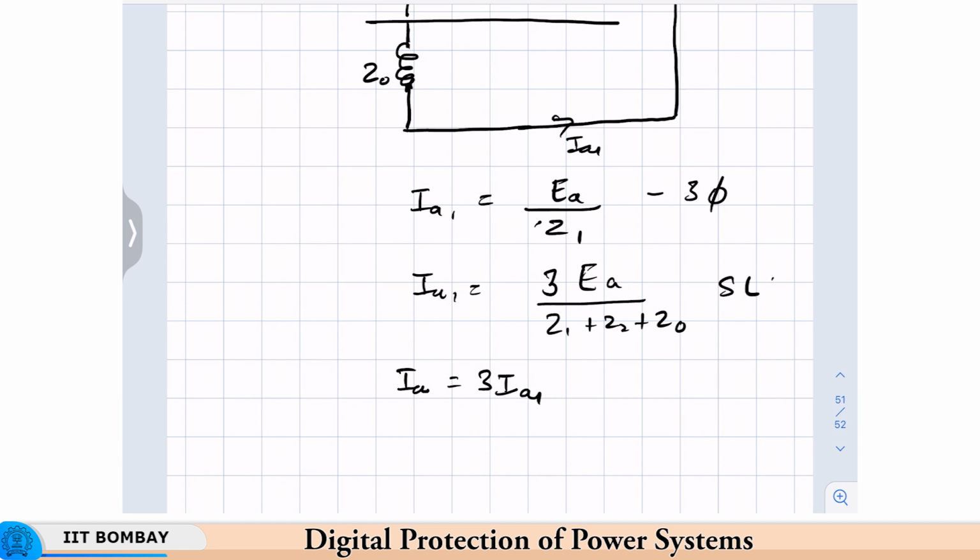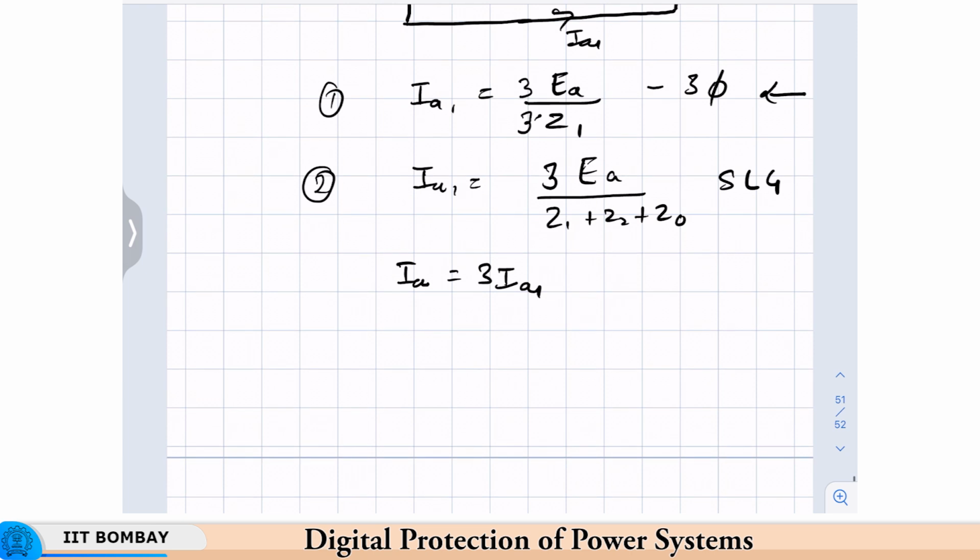This is the SLG fault, and if you compare with the 3-phase equation here, say for this equation multiply and divide the numerator and denominator by 3, then the numerator is the same in both equations. But if you look at the denominator, in the 3-phase fault case it is 3Z1, while in the case of a single line to ground fault, it is Z1 plus Z2 plus Z0.